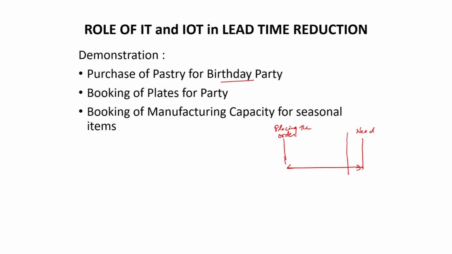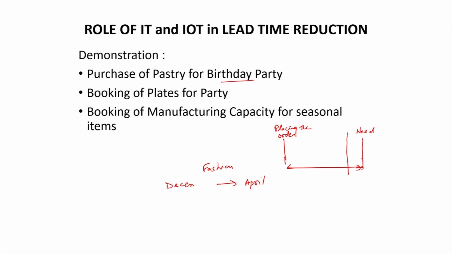So, if you take the decision close to the need, the decision will be better as compared to when the time between decision and requirement is more. The same is true for fashion items also. If the summer season is coming in India, let us say it comes in April, but you have to plan the garments and fabrics for April requirement in the month of December itself.